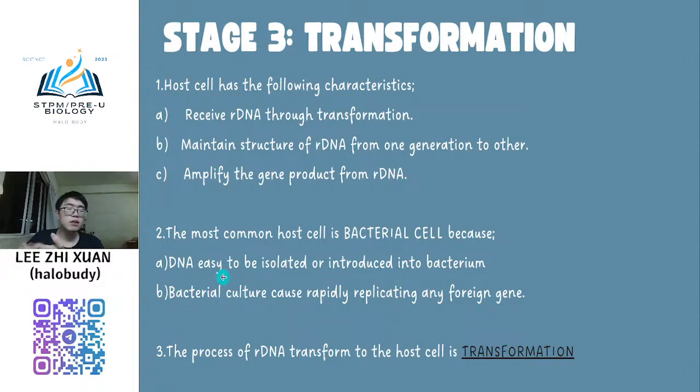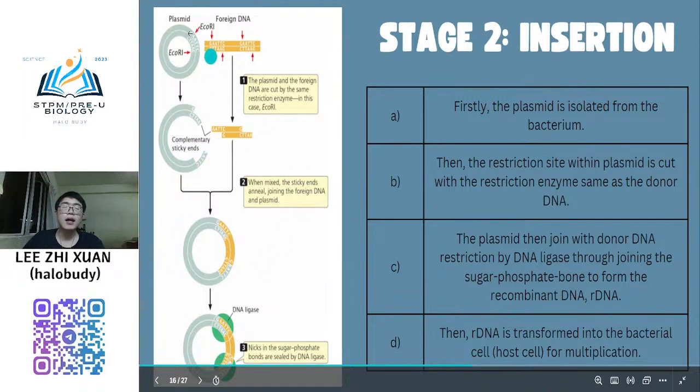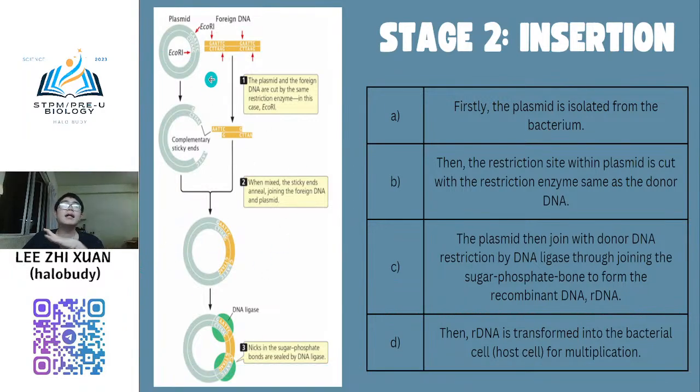Why do we use bacteria? Normally, it's easy to isolate, and also the bacterial cell replicates repeatedly. So bacterial cells can replicate rapidly in any foreign cell. Will the plasmid have any effect on the bacterial cell? No, because we do not touch the genetic, the main DNA of the bacteria.